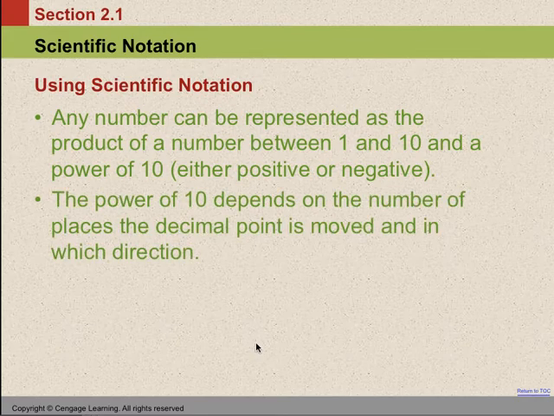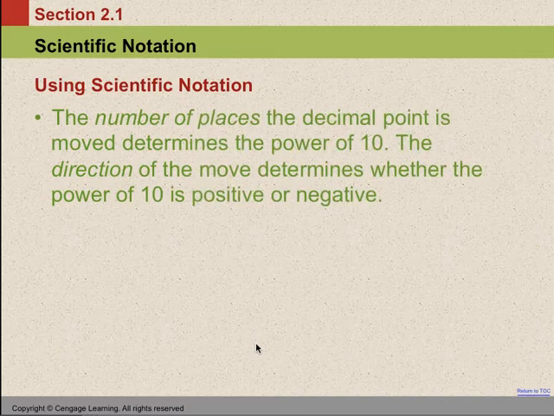The power of 10 depends on the number of places the decimal point is moved and in which direction. The number of places the decimal point is moved determines the power of 10. The direction determines whether that power is positive or negative.